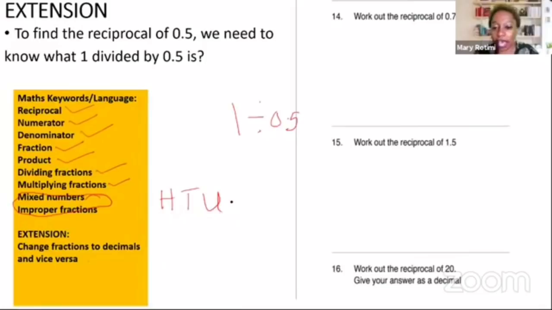And then after the units, you've got the tenth, 1 over 10. You've got the hundredth, 1 over 100. Now, if I was to write this 0.5, I'm going to write it as 0.5. So if I want to write this as a fraction, I'm going to have it as 5 over 10. That is what 0.5 is, because it's 5 tenths.